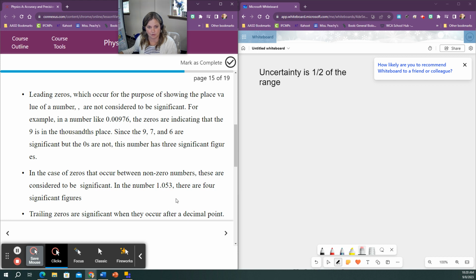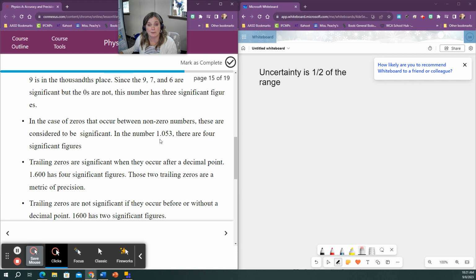So leading zeros which occur for the purpose of showing place value are not considered significant. So in this example of 0.00976, these all are leading zeros, so they are not significant, and only the 976 are. So we have 3 significant digits in this particular example.